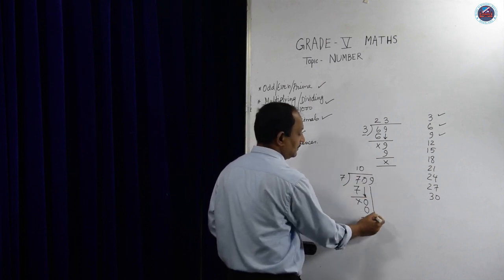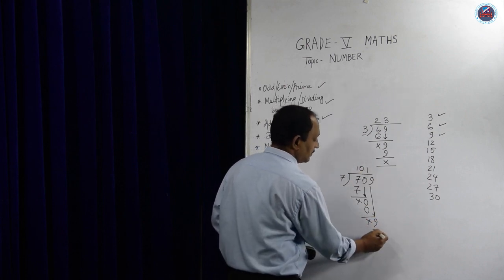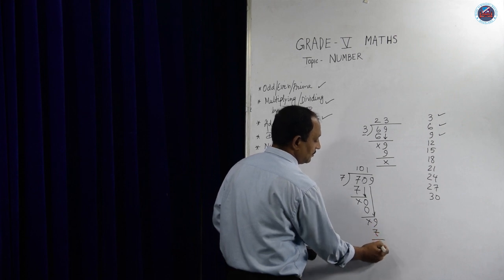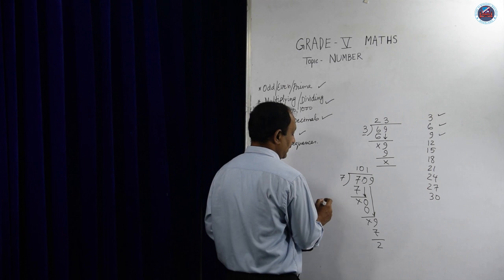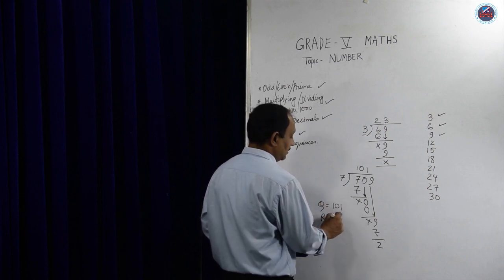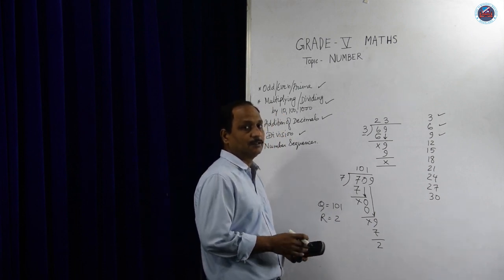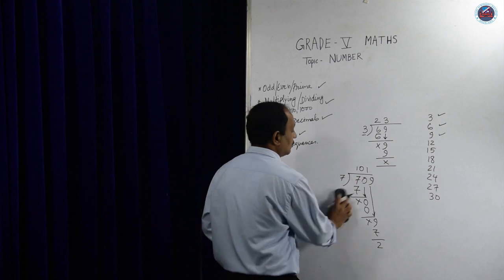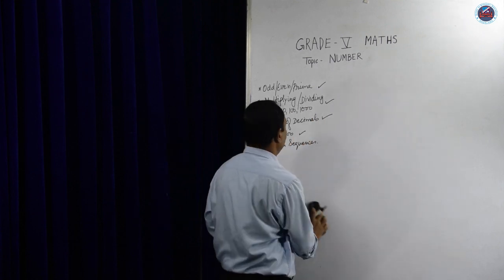Then 9 will be here. 7 1s are 7. 9 minus 7, 2. Here you have quotient 101 and remainder 2. Sometimes there will be no remainder, sometimes there will be a remainder. So it depends on the number, divisor and dividend.